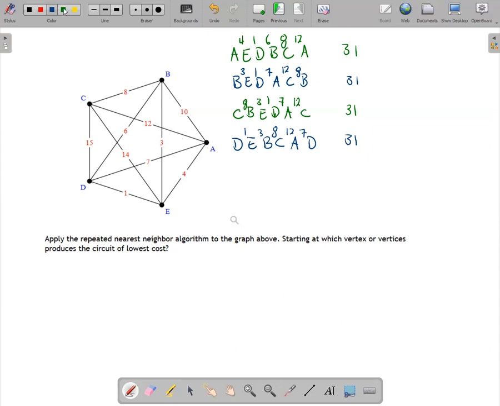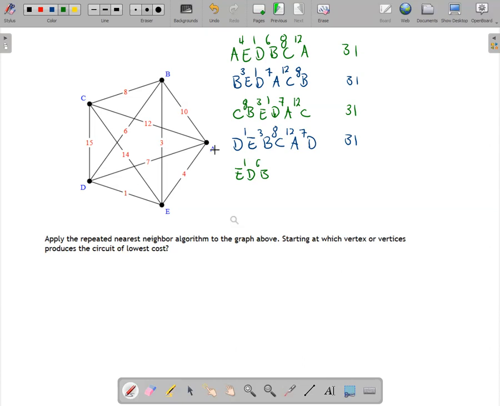Wow. Okay. Almost done. Starting at E, we're going to go to D for 1, and then B for 6. From B, I can't go back to E because that's where I started.